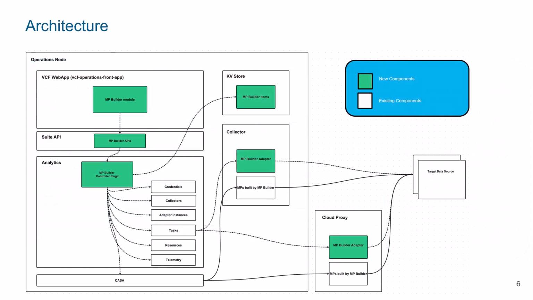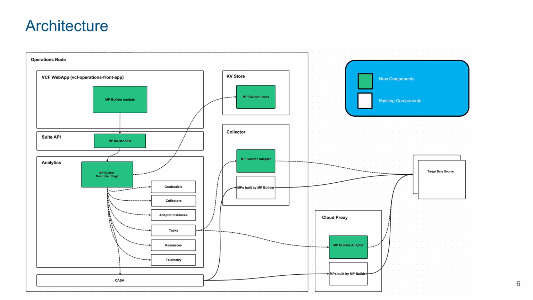Now, as far as the architecture goes, like I said, the management pack builder is now built directly into VCF operations. Part of our guiding philosophy here is that we really didn't want to reinvent anything or build any wholly new environments. We're just extending on the existing backend patterns that were already within VCF operations.